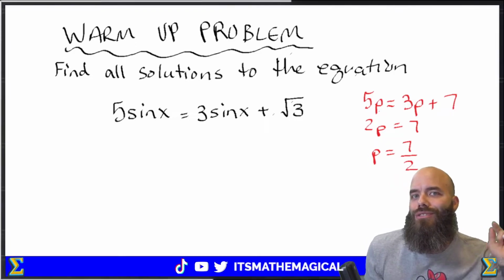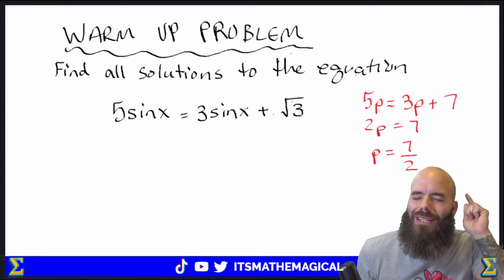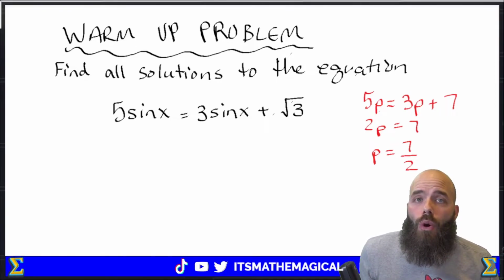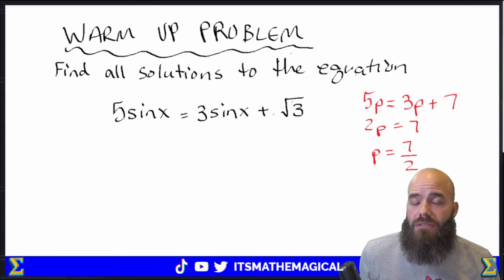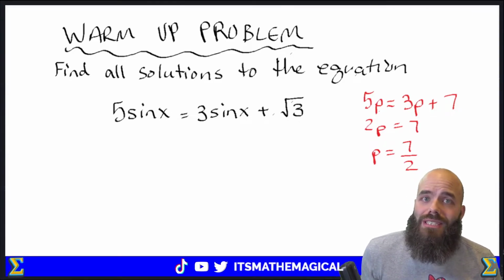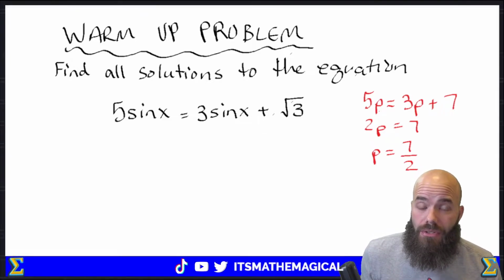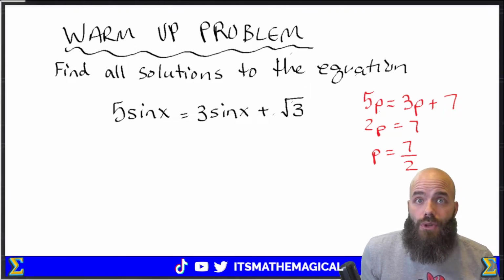What we want to do is treat this trigonometric equation just like we treated that, as if it's a linear equation. So what would we do in the equation 5 sine x is equal to 3 sine x plus the square root of 3? Well, we want to get the sine x terms together. So we would move over the 3 sine x. To move that over, we would subtract it.